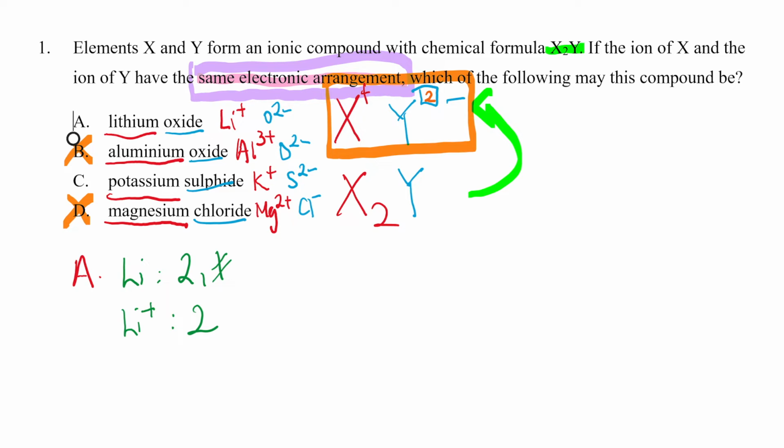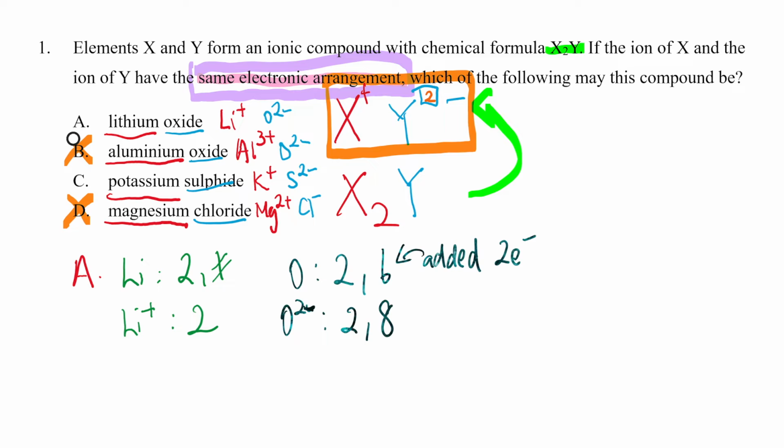On the other hand, oxygen has an electronic arrangement of 2,6. But oxide ion, having a 2 negative charge, means I've added 2 electrons to it. So now it has an electronic arrangement of 2,8.